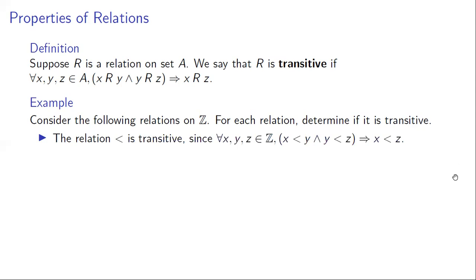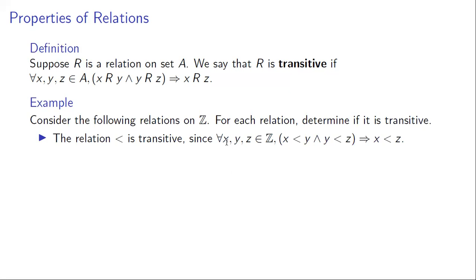It is, since for all x, y, and z that are elements of Z, meaning take any integers x, y, and z. Take any integers you want, 3 of them. They could all be the same integer, by the way. They don't have to be 3 different integers.